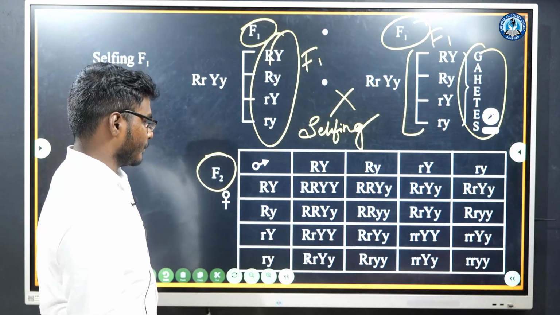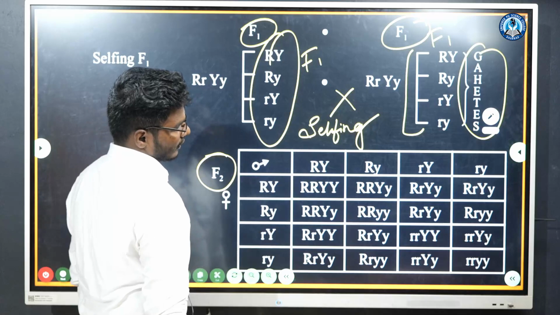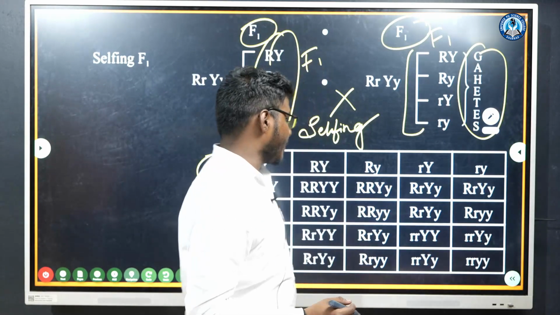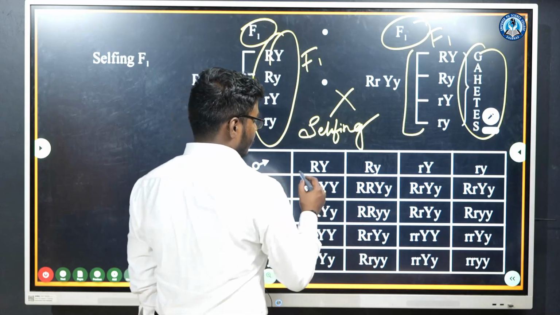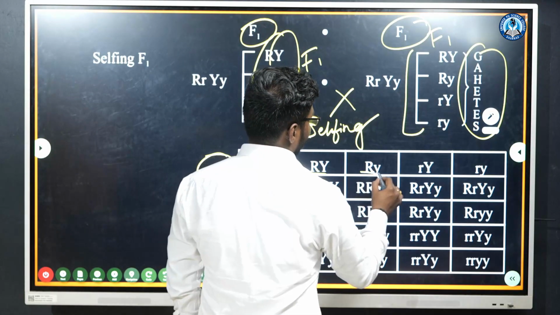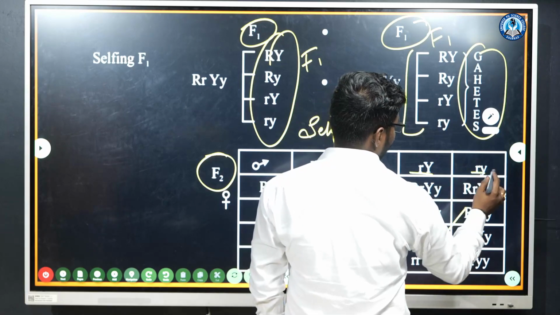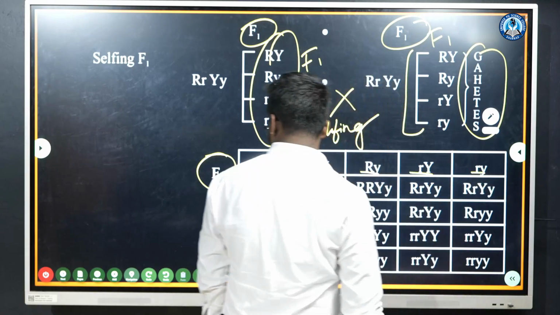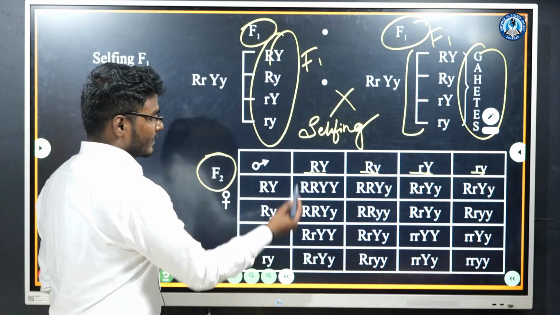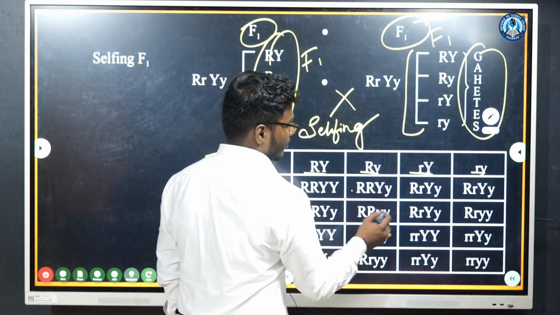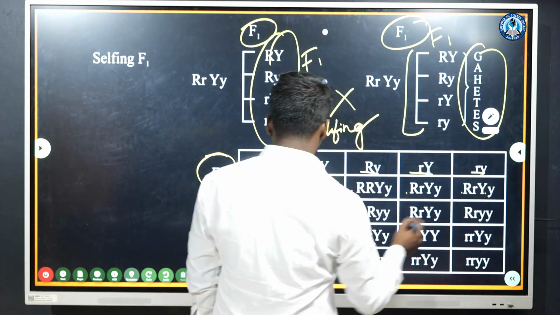What will be there? By putting the Punnett square, we get a clear idea of the segregation of the gametes. So this is capital R capital Y, capital R small y, small r capital Y. Tell me, this is round yellow, round yellow, round yellow, round yellow.